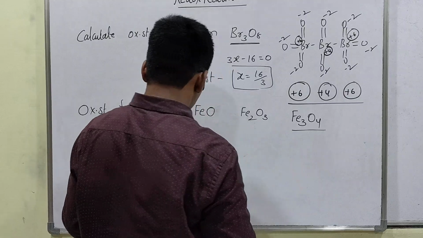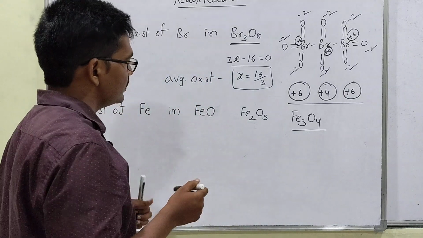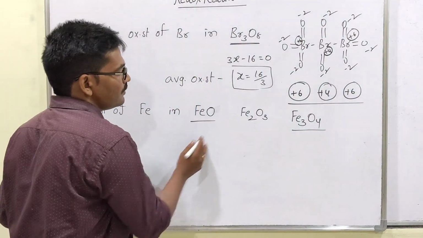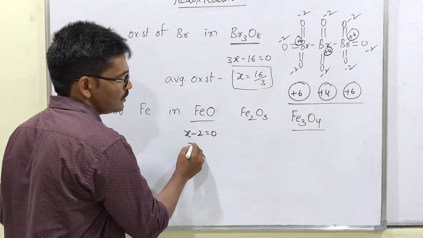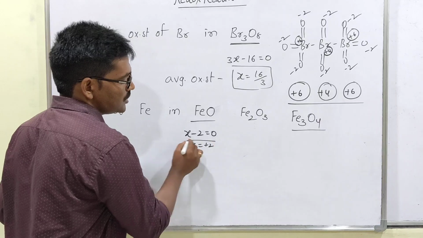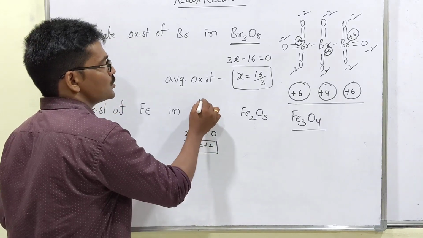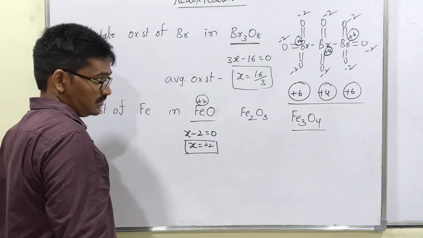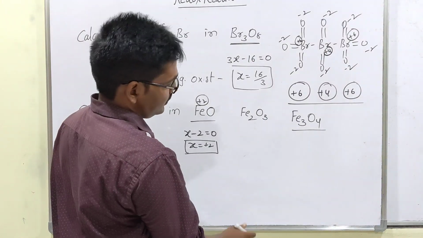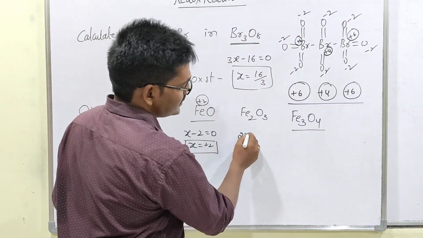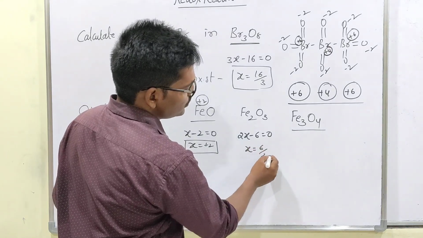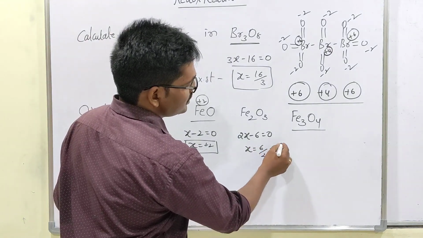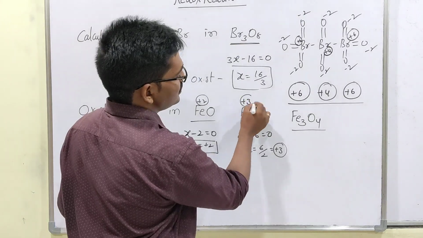So look, my dear students, here you can directly find out by using the formula: x minus 2 equals 0, then x equals plus 2 oxidation state. Then in Fe2O3, 2x minus 6 equals 0, then x equals 6 by 2, so you get plus 3 as the oxidation state.